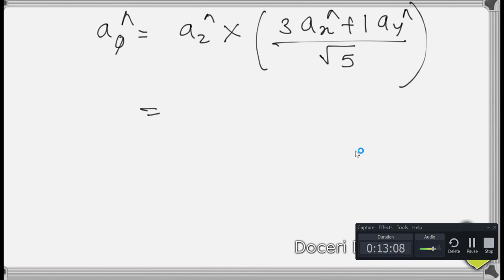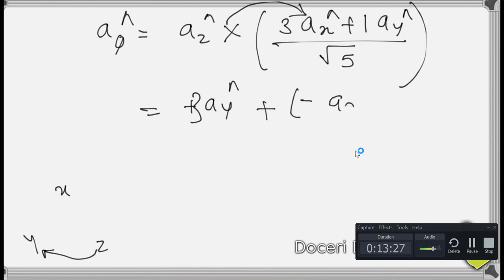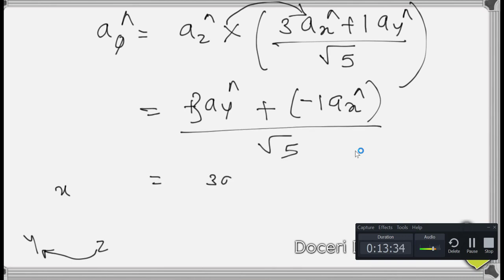We'll take the cross product of AZ cross AX, that is AY, and 3 is already there, so 3AY plus AZ cross AY, so XYZ, AZ cross AY, we are going to reverse, so it is minus AX, and there is 1, so it is 1 divided by square root of 5, that is equal to 3AY cap minus AX cap divided by square root of 5, that is my A phi, right?